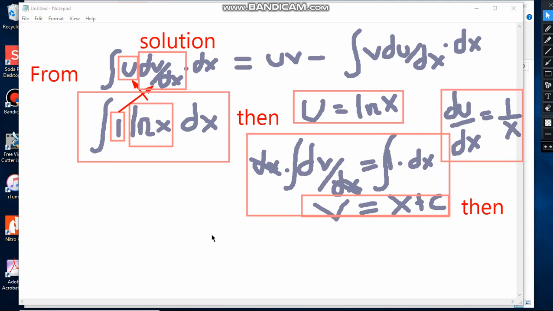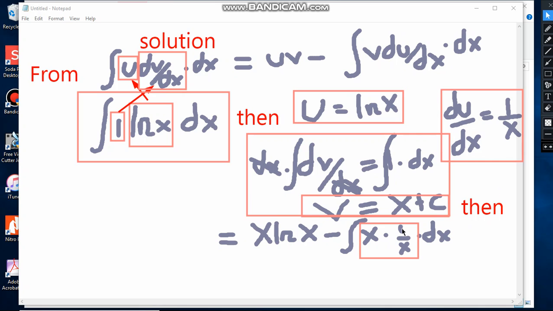Then we have the integral of 1 times ln of x dx is equal to, where u is ln of x and v is x, u v minus the integral of v, which is x, times du/dx, which is 1 over x, dx.